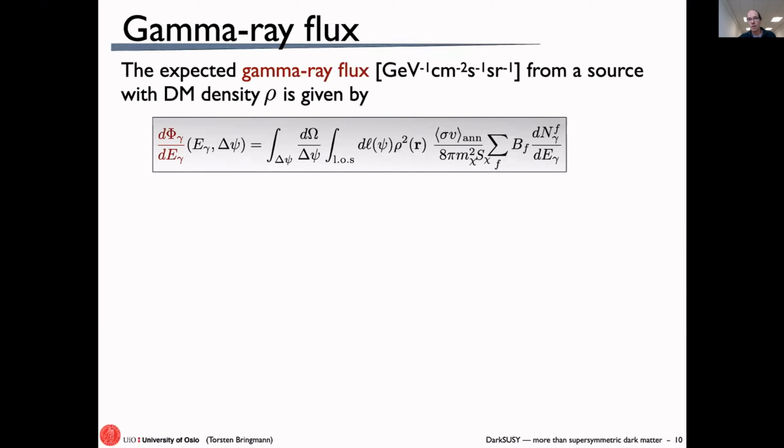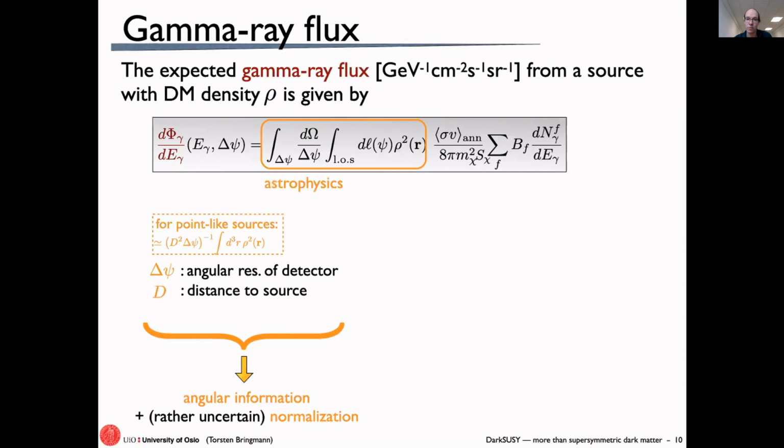This is also something that Michele has already talked about. For the gamma ray flux in particular, in most situations you have a nice factorization of the expression for the flux. One factor is just a line of sight integral of the number density or the energy density squared of the dark matter. So this is something that could in principle be observed.